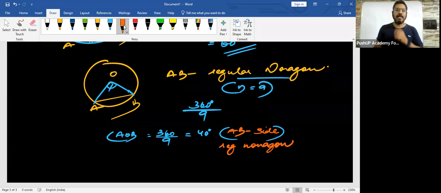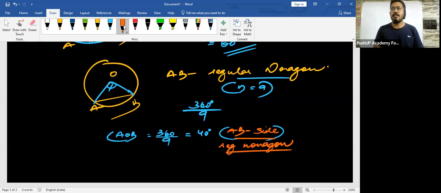That's all you have to write. Whatever is given in the question, you just copy paste it. You don't have to write that the angle subtended by chord AB, which is a part of a regular nonagon at the center of the circle is equal to so and so. No need to mention it. Just mention AB is the side of a regular nonagon.